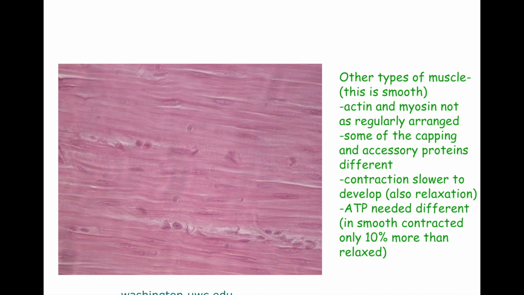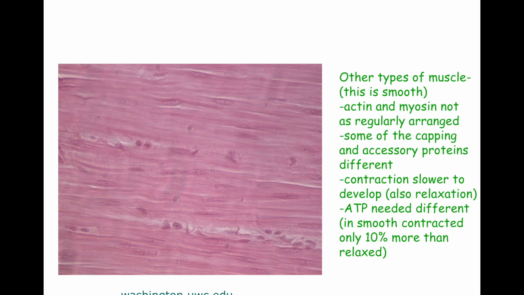Most of what is known about muscle has to do with contractile skeletal muscle or cardiac muscle. But there are other kinds of muscle. This is a micrograph of smooth muscle. It doesn't have that regular array that you see in skeletal muscle, and also in cardiac muscle, where you still see a regular array.